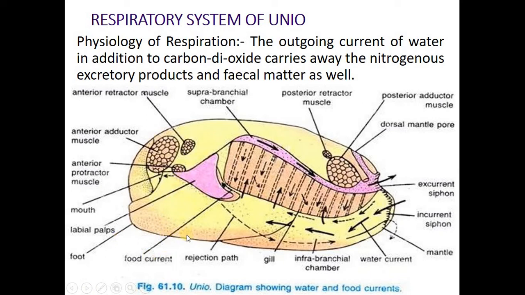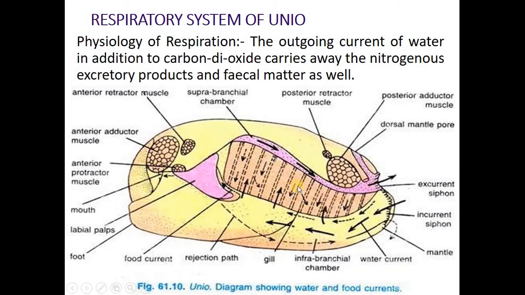Now this is the diagram where it shows that there is an incurrent siphon, where the water is entering in this fashion. Now the water current is this one, and this is the mantle. The water enters through the infrabranchial chamber, and this water is moving in this direction, and slowly this water enters the gills.